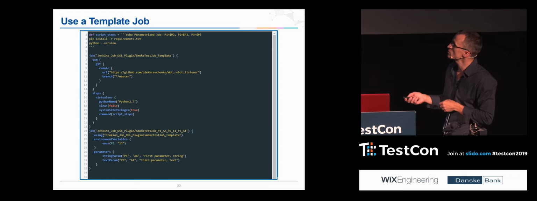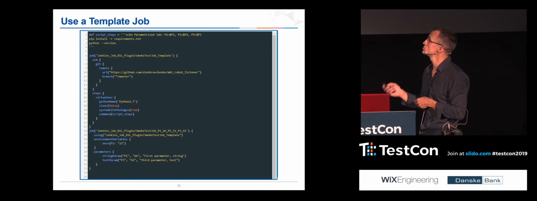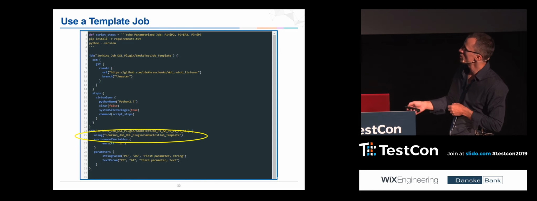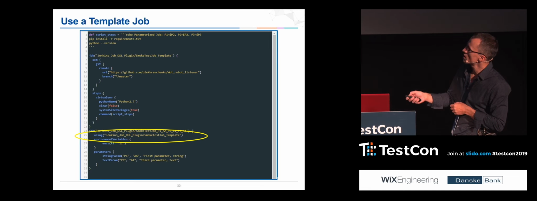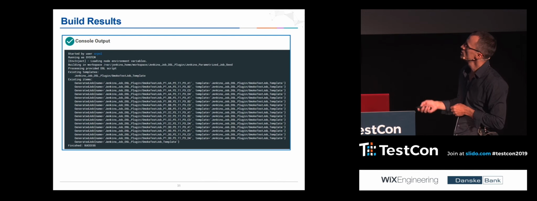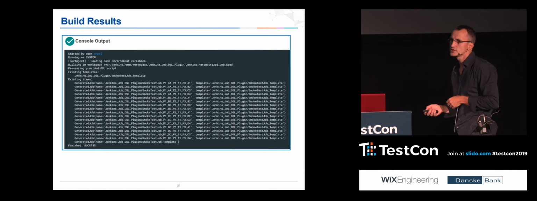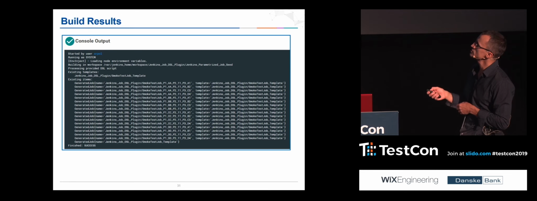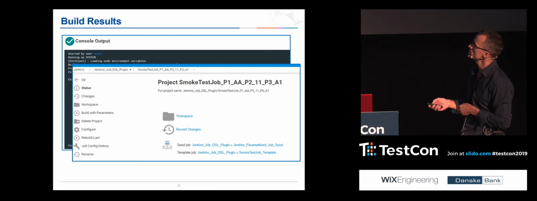So let's look now at what is generated by the seed job if we use this structure. So this is how you say that your child job is actually reusing some other job. After the job is generated, this is your seed job log, and it says, right, I generated this one and the template was the other job, right?